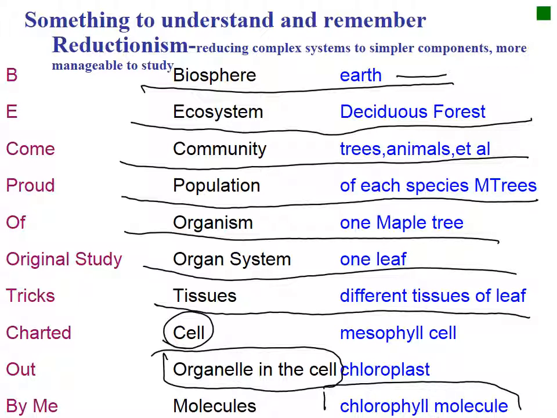So now, in this particular case, we choose one leaf, and the leaf is composed of many tissues. Okay, there are many kinds. You will have palisade tissue, you can have mesophyll, you can have epidermal. So you can have different kinds of tissues.